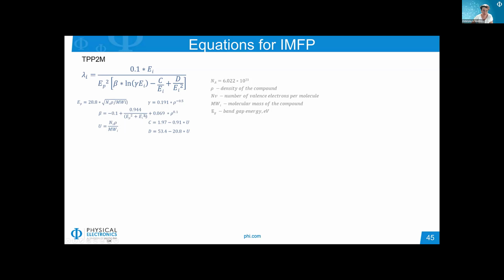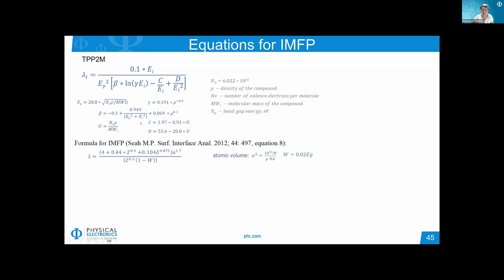So this method is probably the best when you know your material well and you know the density, etc. All of these parameters you can include in the inelastic mean free path formula.